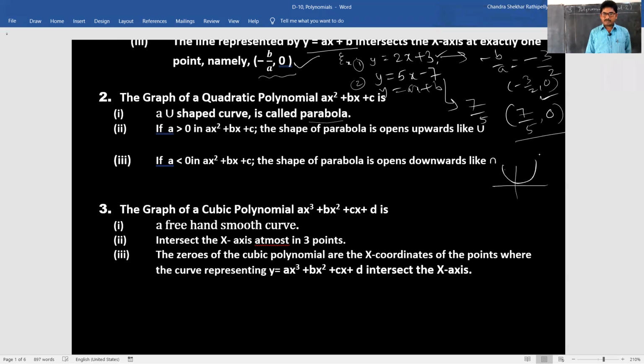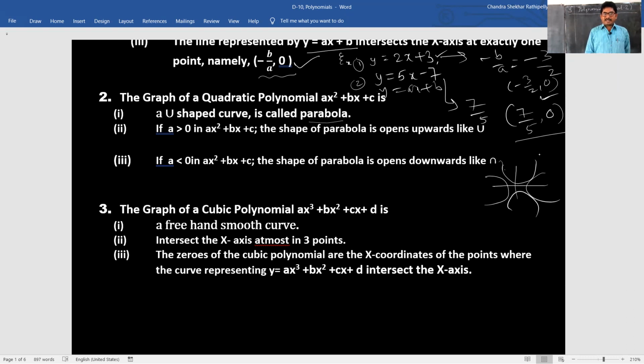This shape is called a parabola. This is a smooth curve, not straight lines anywhere.